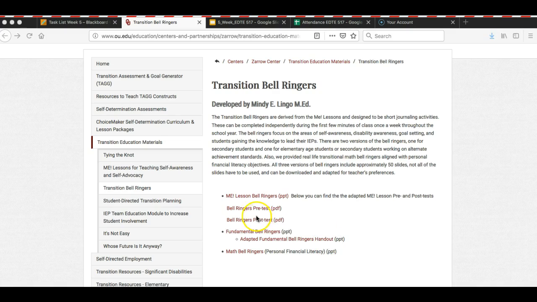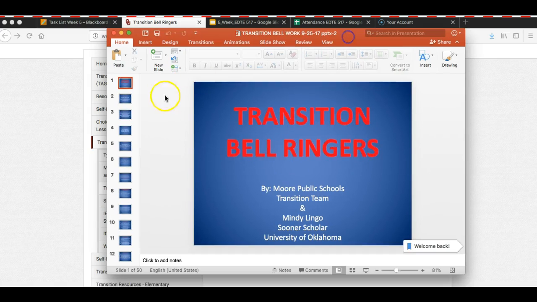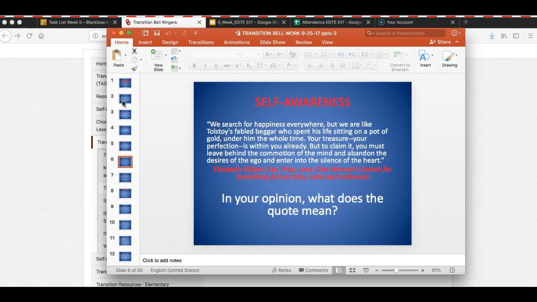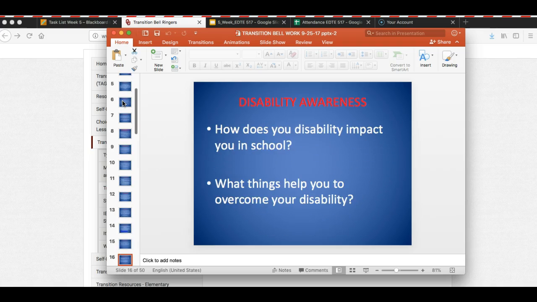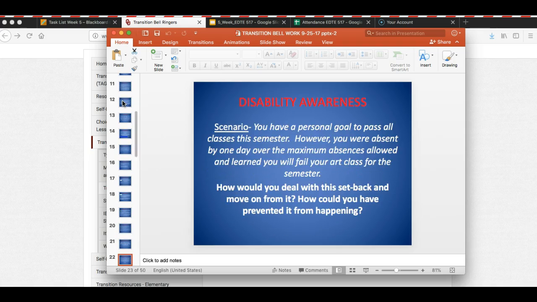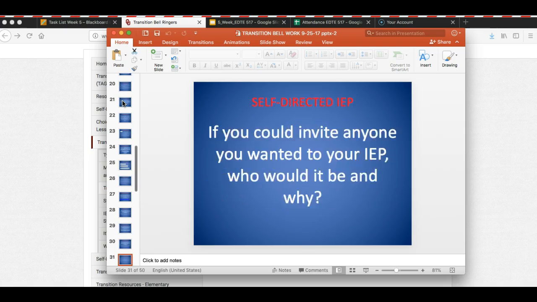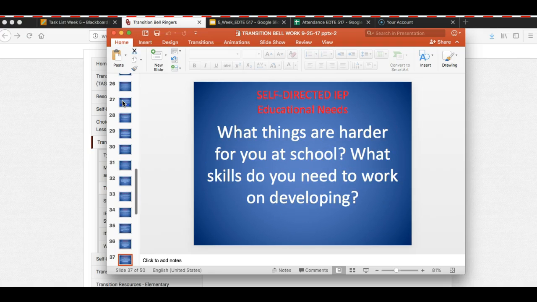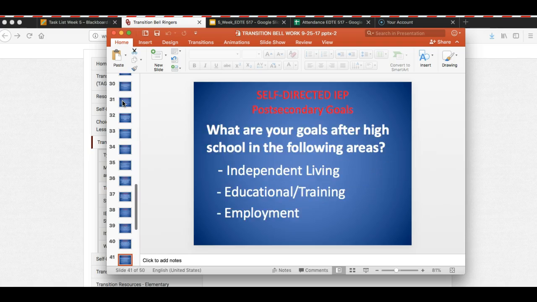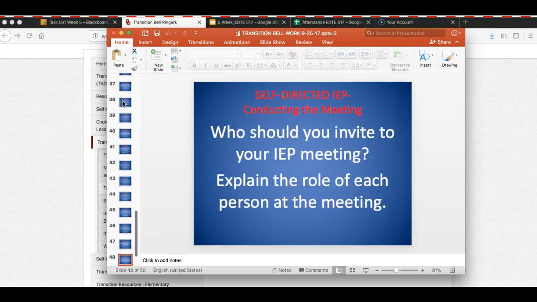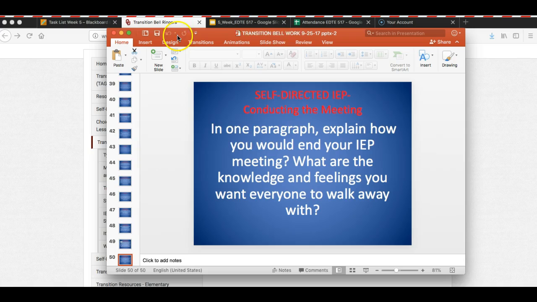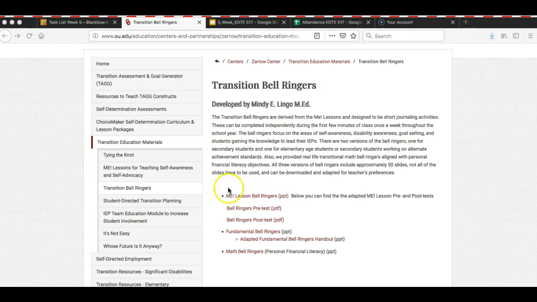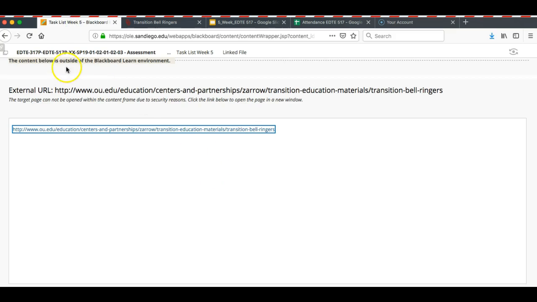You can see bell ringers, transition bell ringers, self-awareness, they have disability awareness, post-secondary goals, and self-directed IEPs, so you can start helping students get ready to participate in their IEP. There are a lot of different questions, and a lot of the self-directed IEPs are around advocacy. So this is just a good resource I wanted to make sure that you all had.